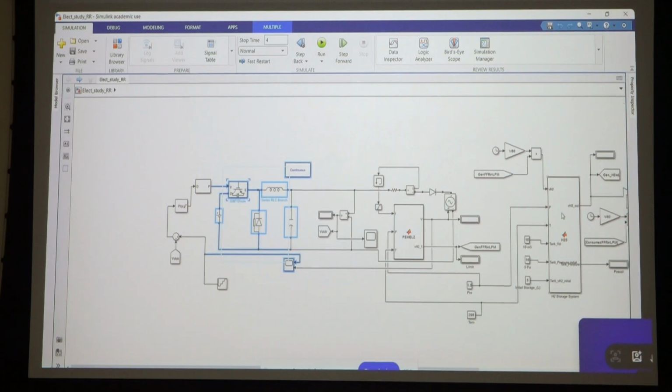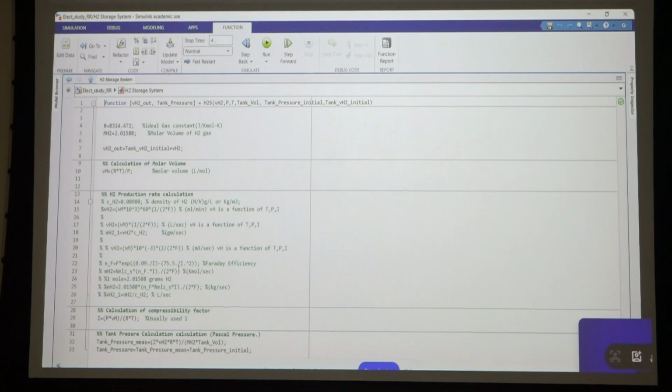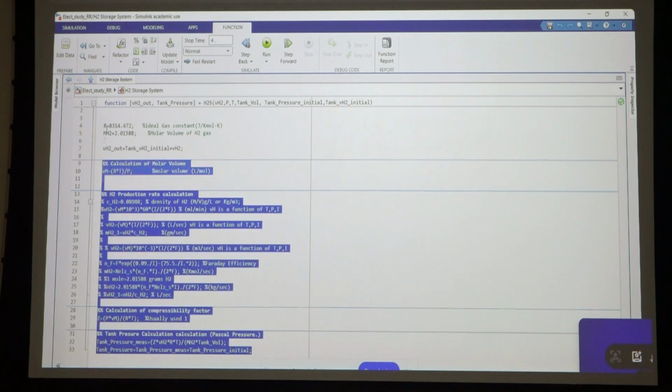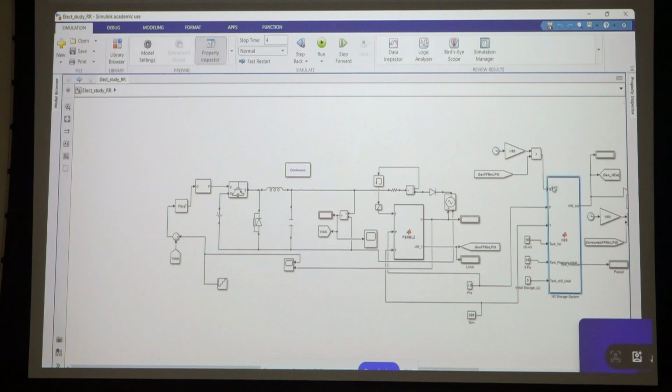Here we can see this is the hydrogen tank model. I'm just showing you the same way using mathematical functions, that means mathematical scripting, we are developing the tank pressures. So for any model you can either use blocks, or you can use scripting inside this MATLAB Function block.